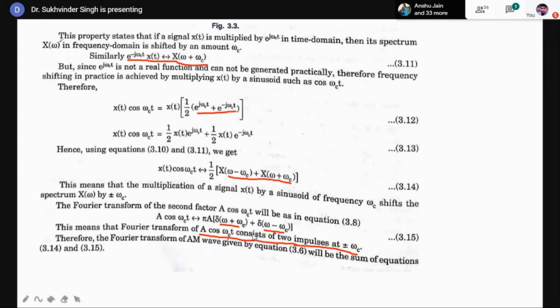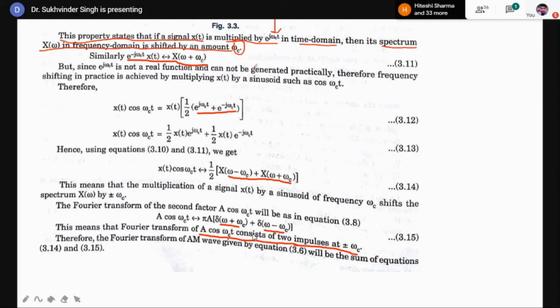So this frequency shifting theorem property states that if a signal x(t) is multiplied by some exponential function in the time domain, then its spectrum X(omega) in the frequency domain will be shifted by an amount omega_c, and this omega_c is nothing but the frequency present in the exponential factor.